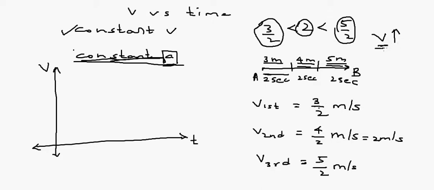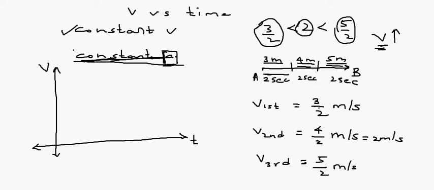In this case the velocity is not constant, it is increasing. But it is increasing at a constant finite rate. That's what we mean by acceleration being constant. That is, the velocity is changing, so acceleration is present, but it's constant. The velocity is changing at the same rate throughout the journey.